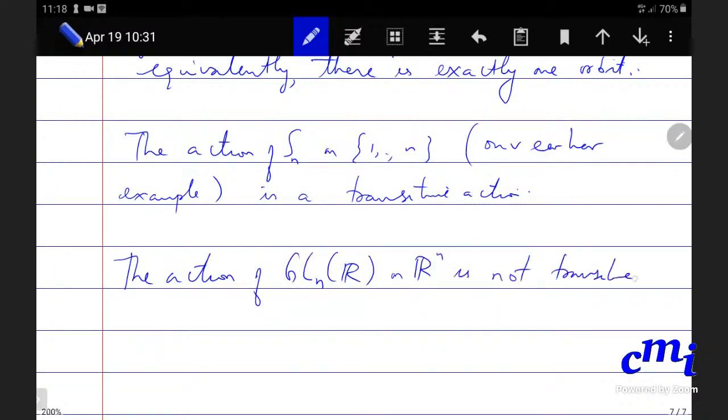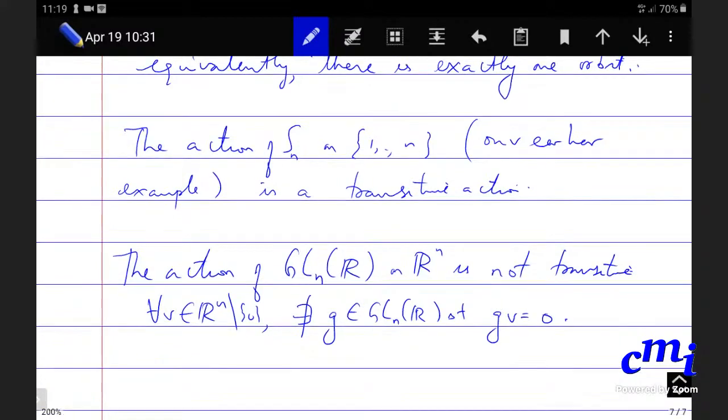That is, for all v inside R^n, but not 0, there does not exist g inside GLn(R) such that gv is 0. So a non-zero vector cannot go to the 0 vector. So this is not a transitive action.